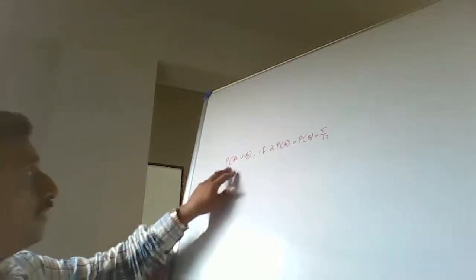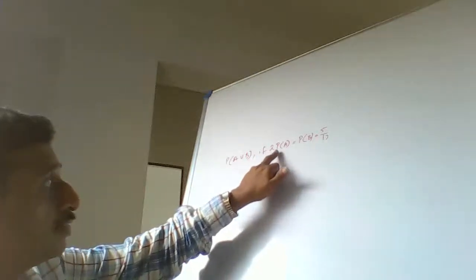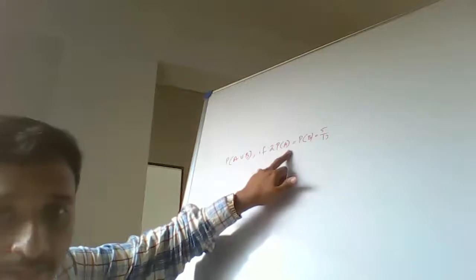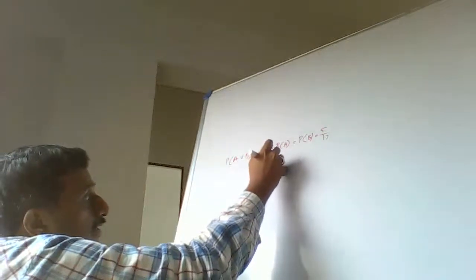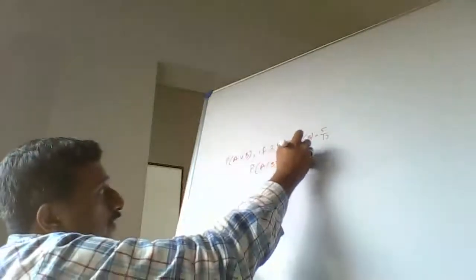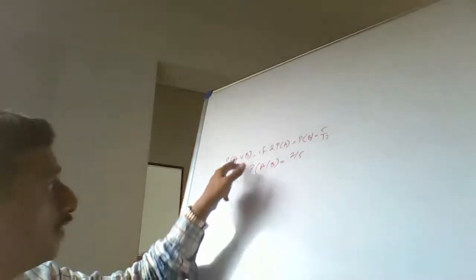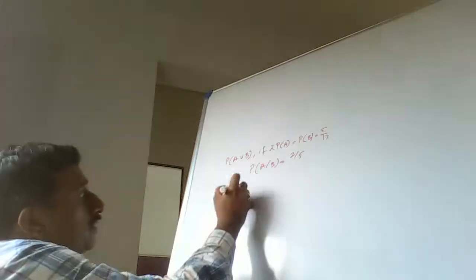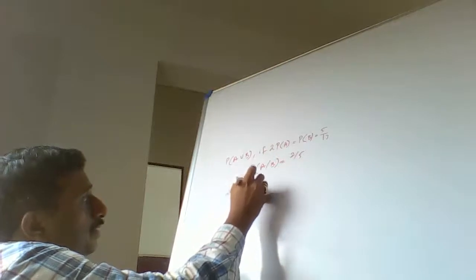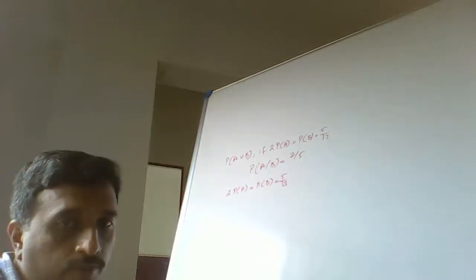We have to evaluate A union B, if 2 times P of A is equal to P of B, which is equal to 5 by 13, and P of A given B is 2 by 5. Okay, so let us evaluate what is P of A union B. That's what we are supposed to find. So let us take that P of B is 5 by 13. This is given. Okay, let us try to solve this.